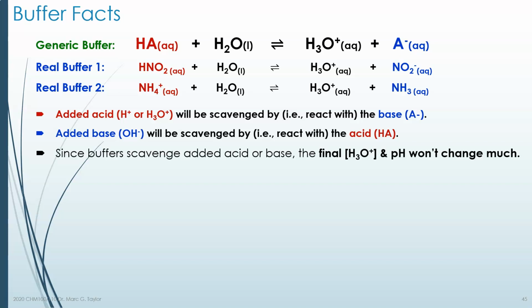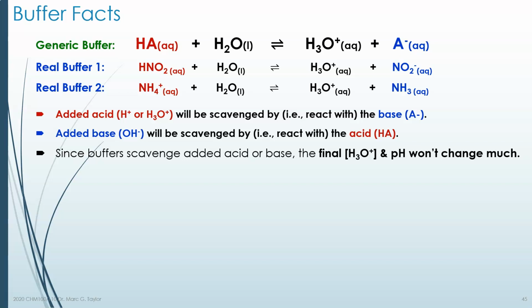So what does that look like when we actually do reactions? Well, what it means, first of all, is that if these ions, the hydronium ion and the hydroxide ion, are scavenged, they're basically removed before they change the concentration of hydronium ion in the water, then the pH won't change, because remember, pH is dependent on how much hydronium ion is in the water and how much hydroxide ion is in the water.